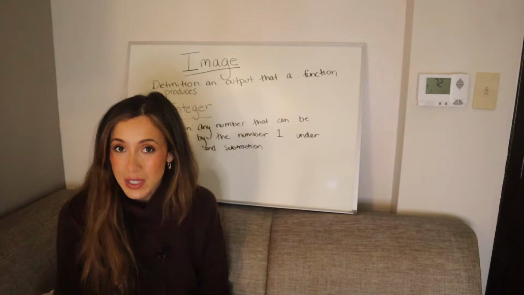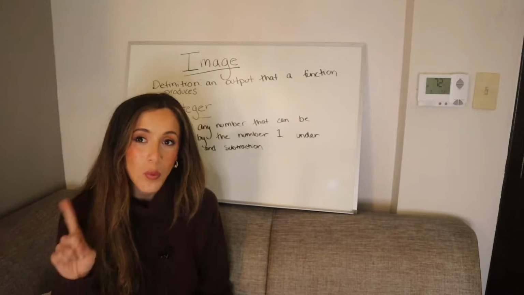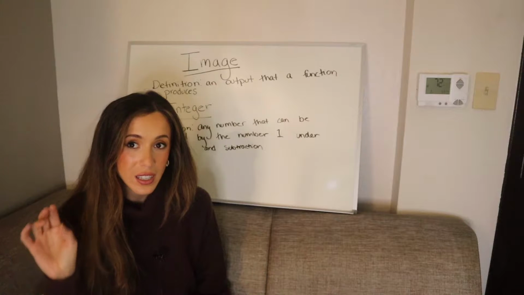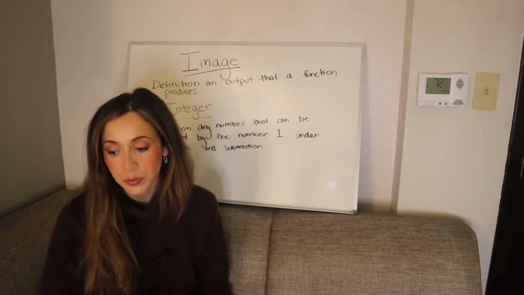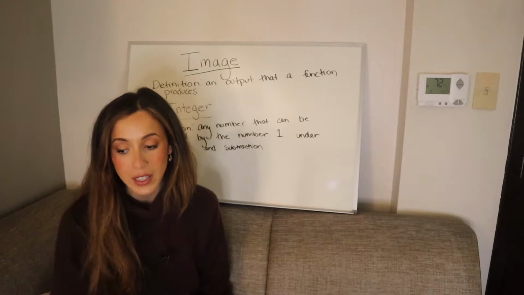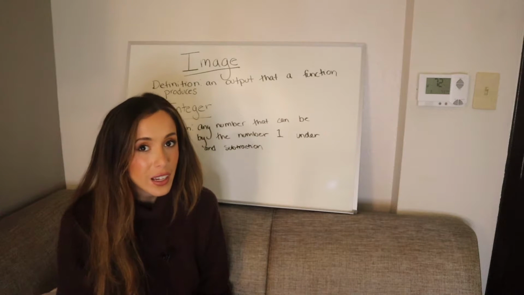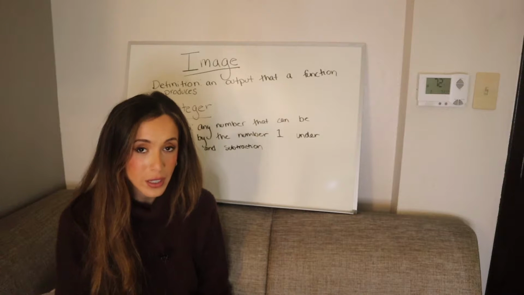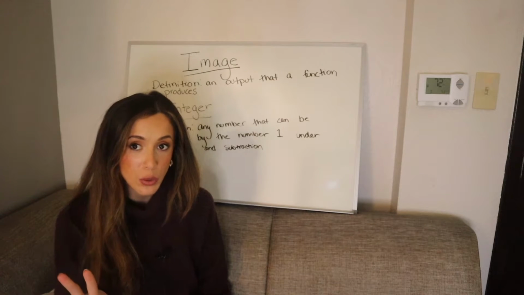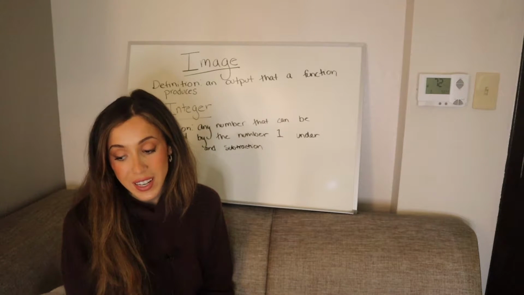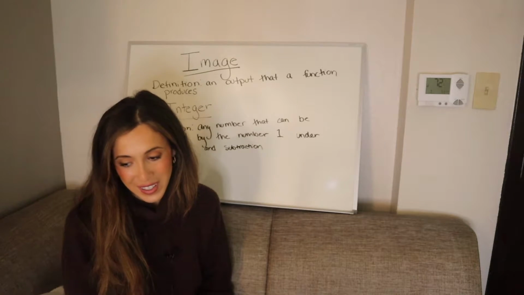It can go in the opposite direction as well. 1 minus 1 equals 0. 0 minus 1 equals negative 1. Negative 1 minus 1 equals negative 2. Negative 2 is an integer, and so on.